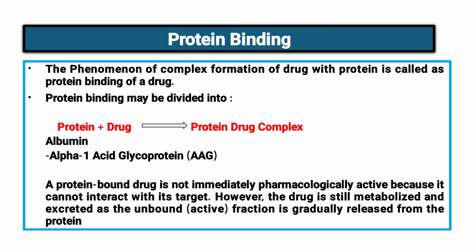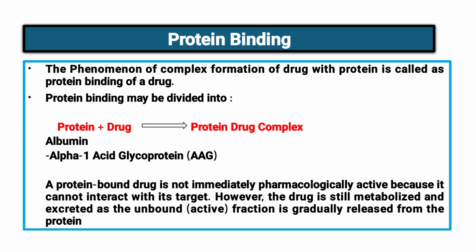Protein binding. The phenomenon of complex formation of a drug with protein is called protein binding of the drug. Protein binding may be divided into protein plus drug, protein drug complex, albumin, alpha 1 acid glycoproteins. A protein bound drug is not immediately pharmacologically active because it cannot interact with the target.